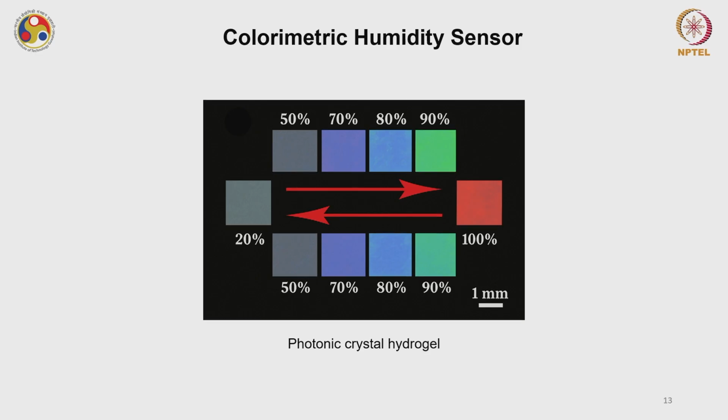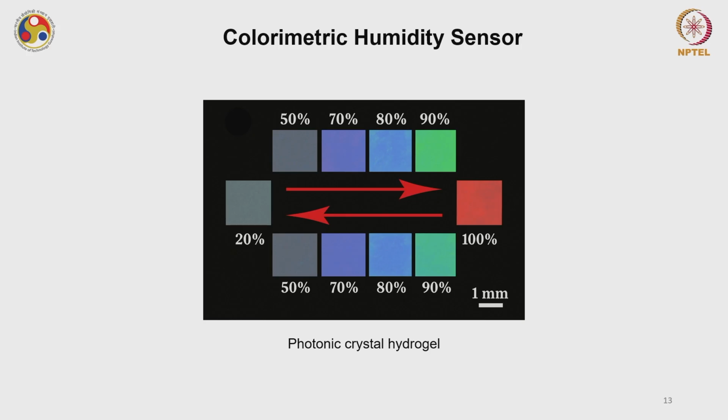So this is one example of an optical humidity sensor, a photonic crystal hydrogel, which is developed by certain chemical processes, and it changes its color when it sees different humidity.